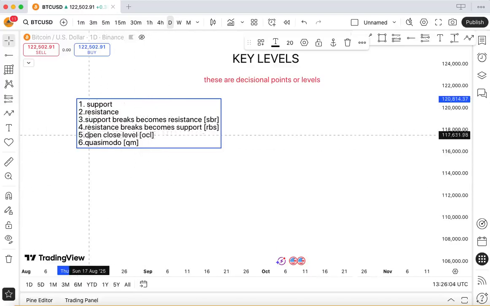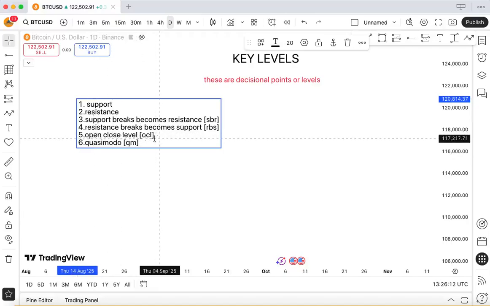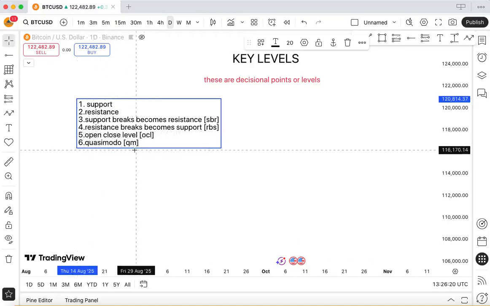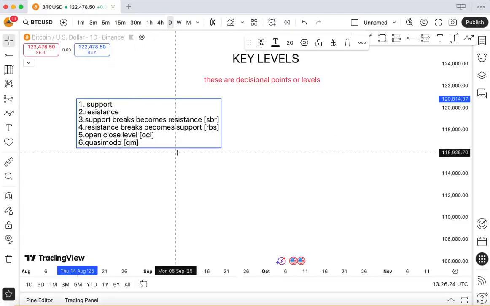And where the other opened, it is where the other closed from. So that is why it is called the open close level. We shall go much in details about it. So we have the QM, or the Quasimodo, and I think a lot of us are familiar with it.